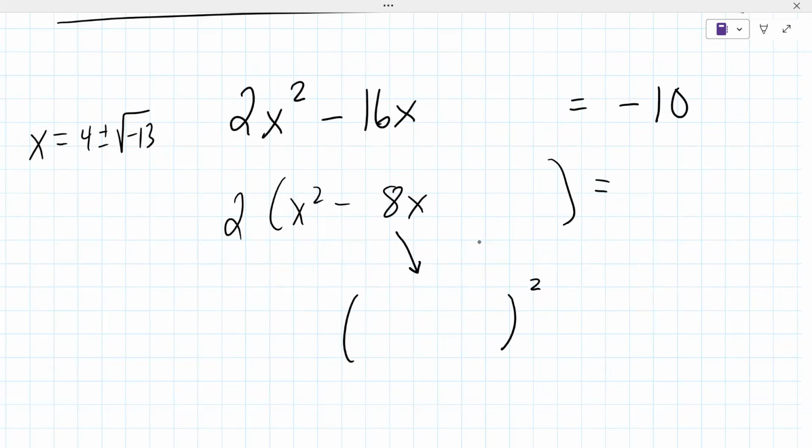So x plus... it's -8 this time. It's a little wrinkle, but it should be minus half of 8, or half of -8. 4. Okay, good. And then when you square it, what does that become? 16.